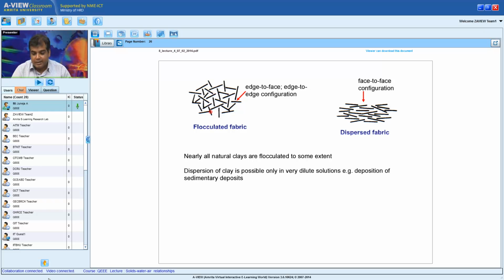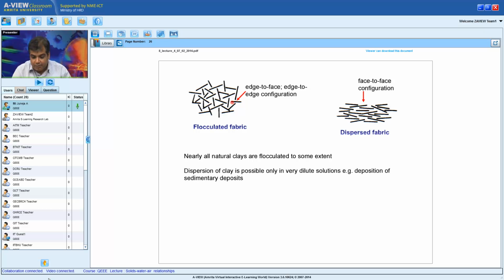Please look at these lines which have been drawn. Each one of these lines traditionally represents a clay crystal. So if this is a crystal, we say the surface of the crystal is negative and the center of the crystal is positive. Remember, it's stacking of them. So centers always remain positive, surface is negative. But in case the negative is not fully developed, they have a large amount of attractive force which makes them arrange either edge to face.